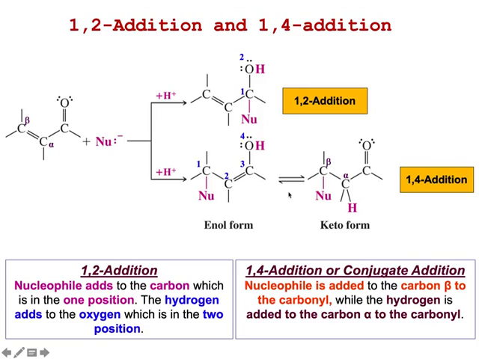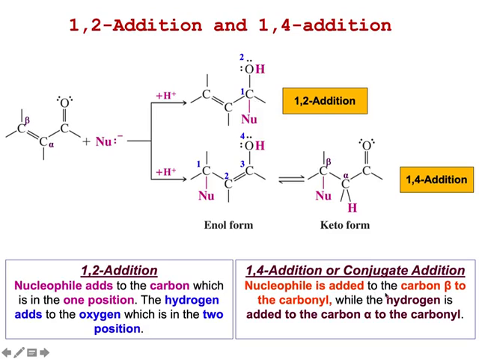so we call it 1,4 addition in ketoenol form. Okay, so 1,2 addition, nucleophile adds to the carbon, which is position one. This one is the carbonyl. The hydrogen adds to the oxygen, which is in the 2 position. Position 1 nucleophile attack, position 2 we add the hydrogen, so that's why we call it 1,2 addition.